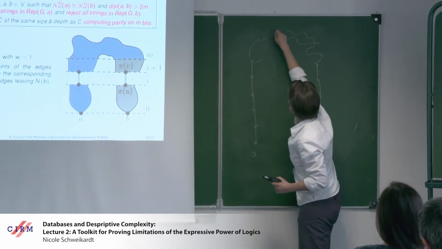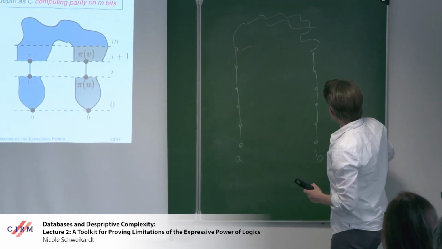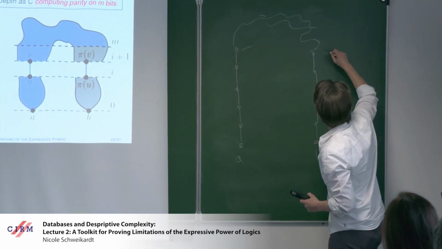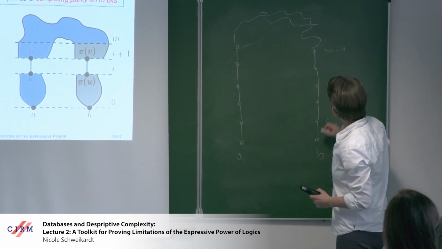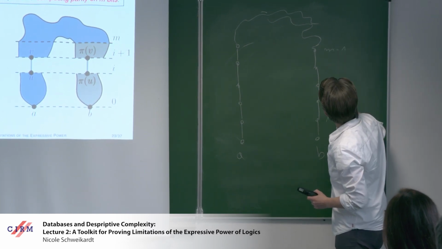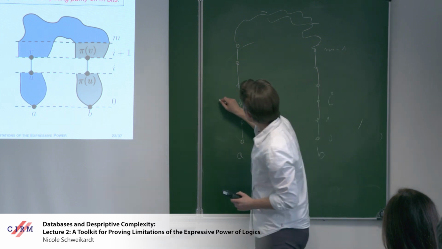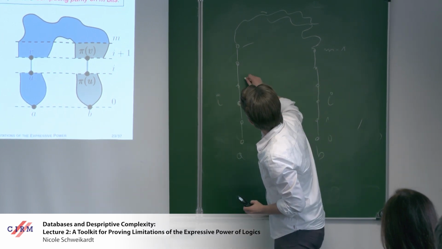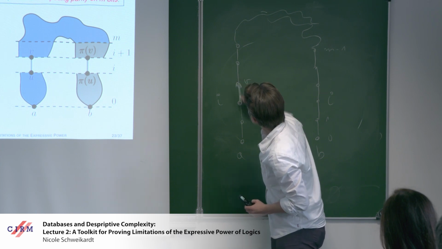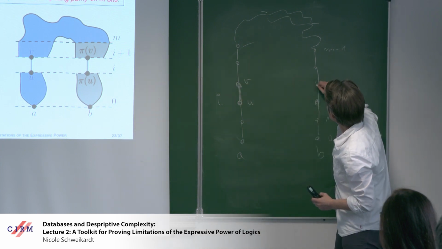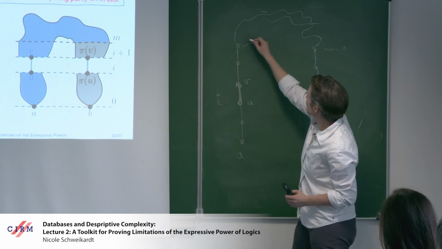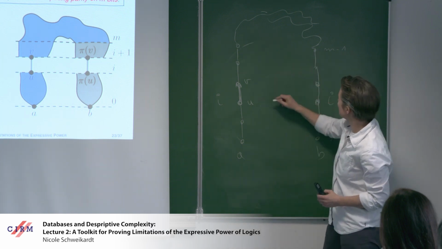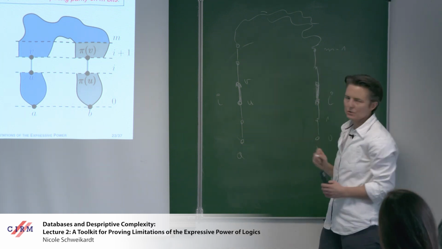And then that's 0, 1 up to m minus 1. And let's say here we are at i, and here we are at i. Now here you have u and v and an edge between u and v. And since these two neighborhoods are isomorphic, here you also have the edge.